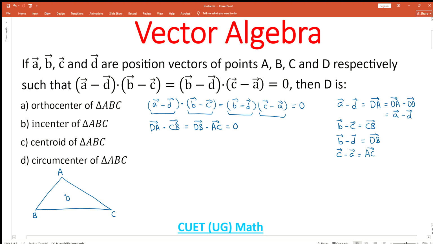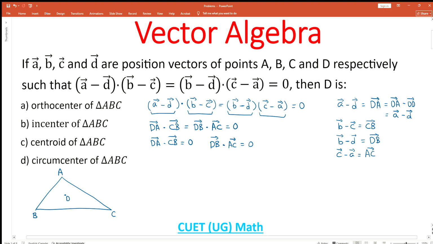This means the dot product of vectors DA and CB is equal to 0, and dot product of vectors DB and AC is equal to 0.